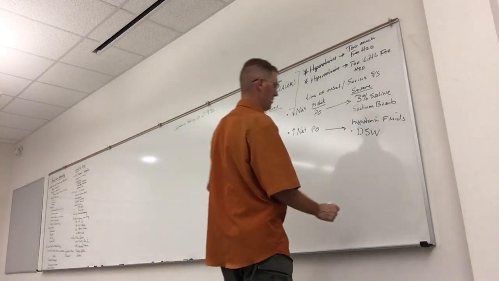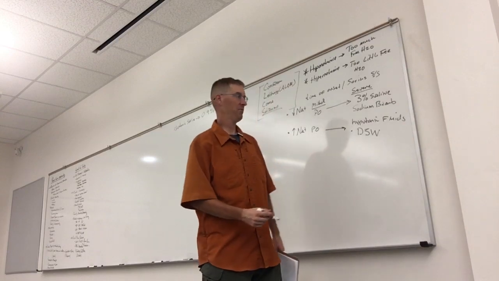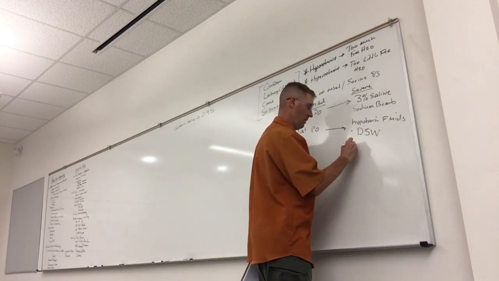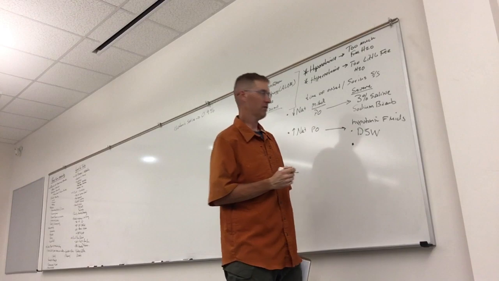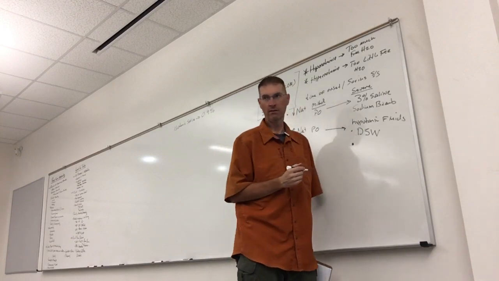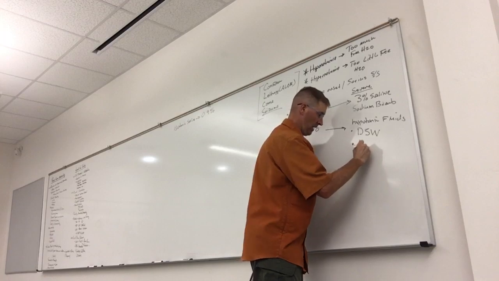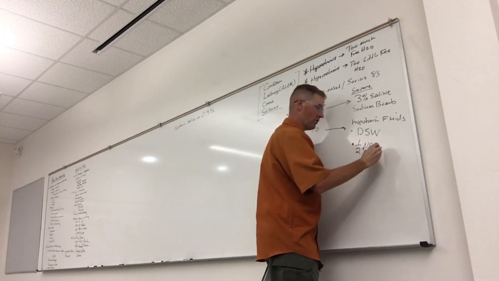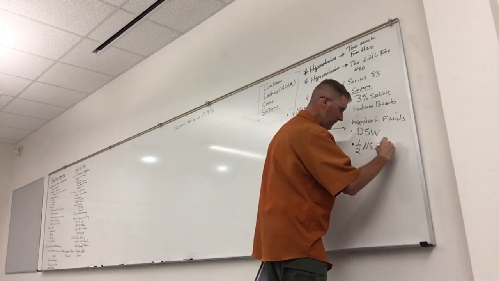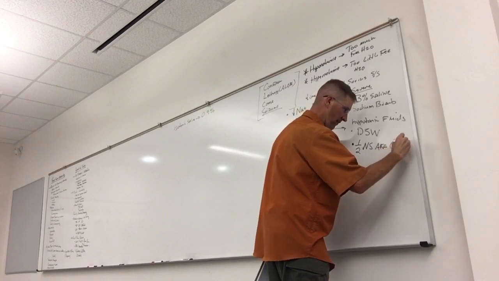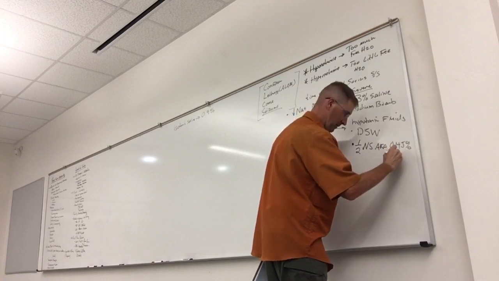We talked about this. You don't want to use sterile water, not pure water. You talked about this in pharmacology, right? This is something called half normal saline, half NS, also known as 0.45% saline.